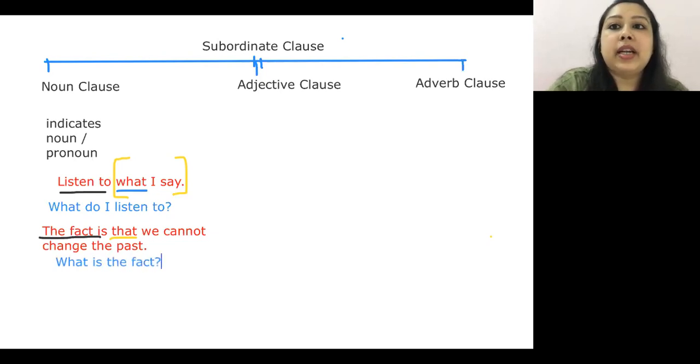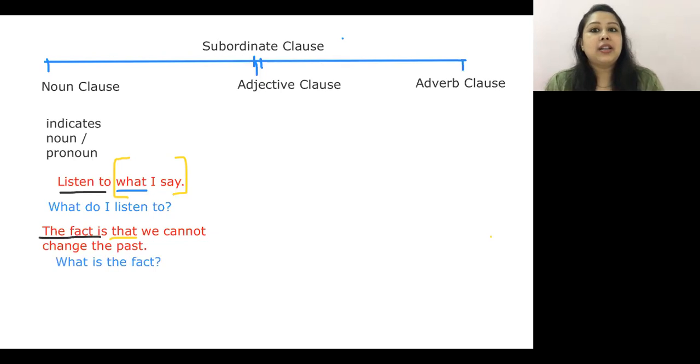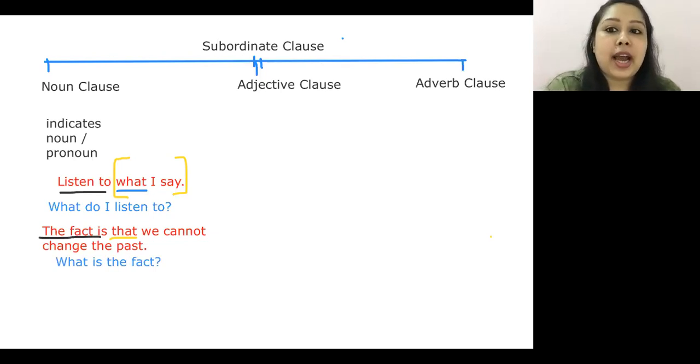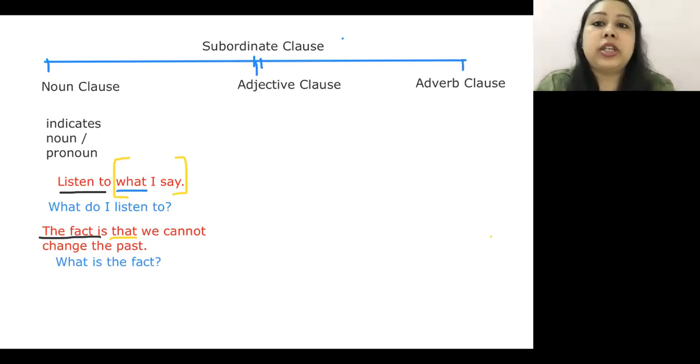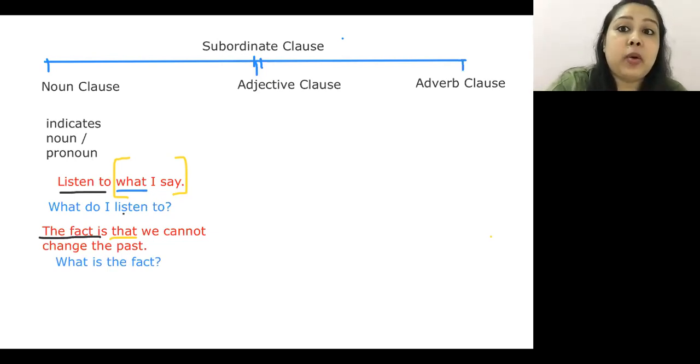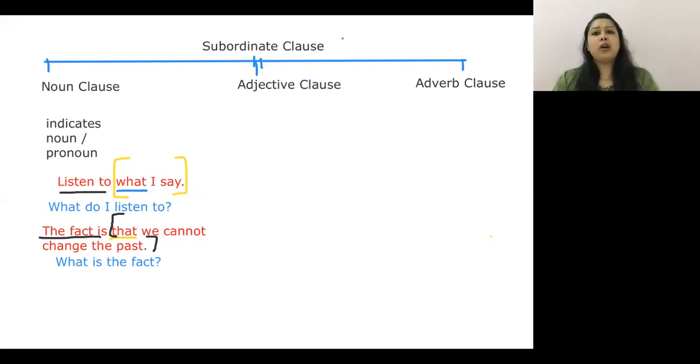Promptly, I get the answer. The fact is that we cannot change the past. I got my answer. And once I got my answer to the question I posed with the conjunction that, with the WH question, what, this becomes my noun clause. I hope noun clause is easy for you to understand eventually.